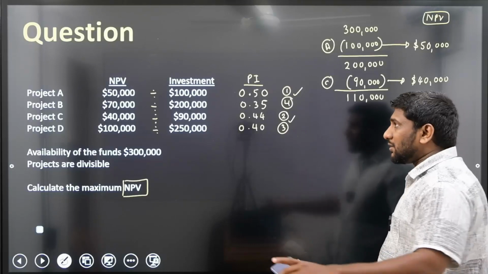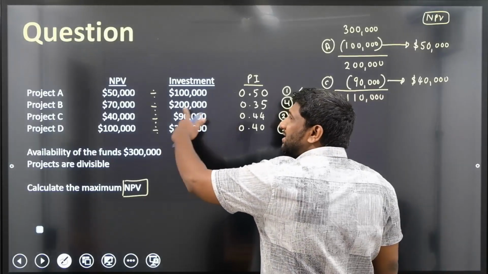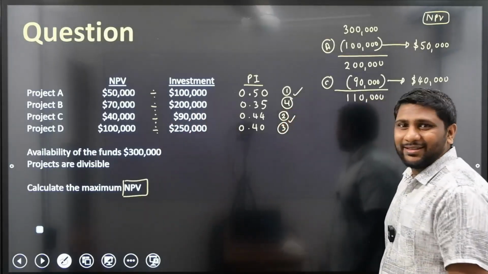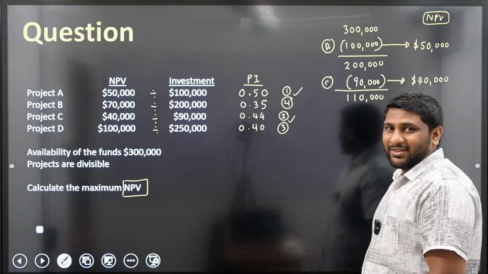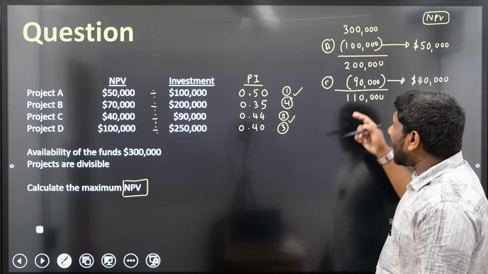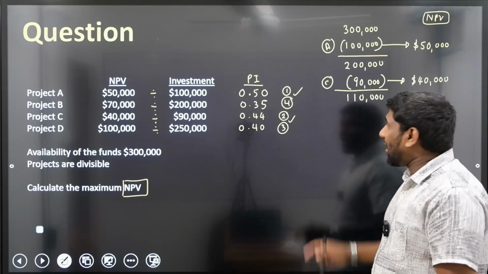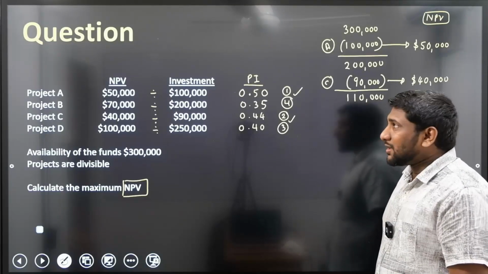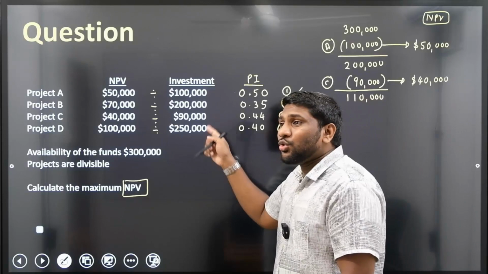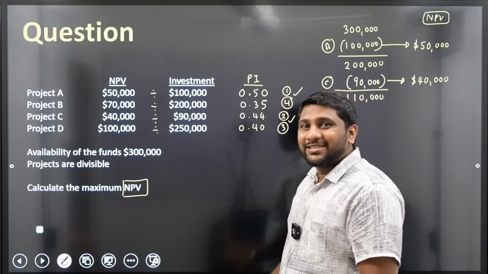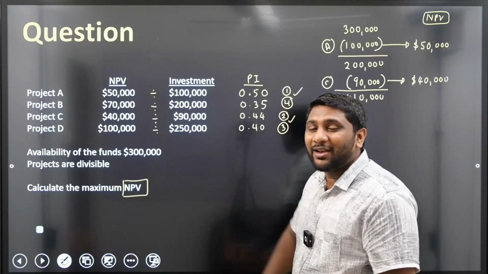Can we invest entire amount for the project D? Can't. Why is that? We have only 110,000. Project D needs 250,000. Since these projects are divisible, not a problem.